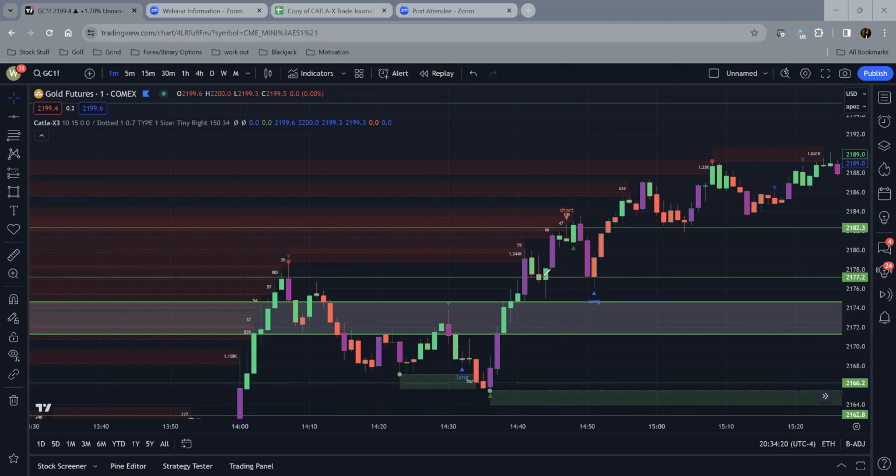Once we got, and we're looking at the 1 minute time frame, once we got a manipulation to the upside, it let us know that what? It was okay with leaving these areas of liquidity behind.